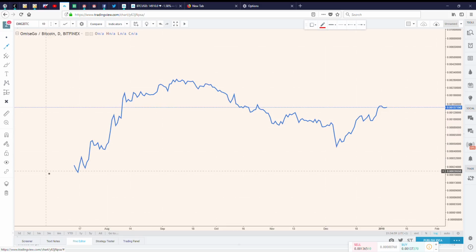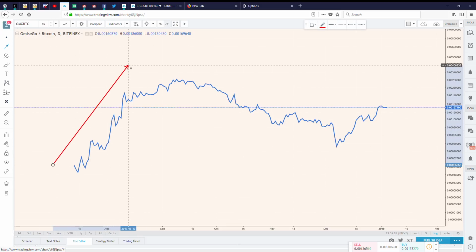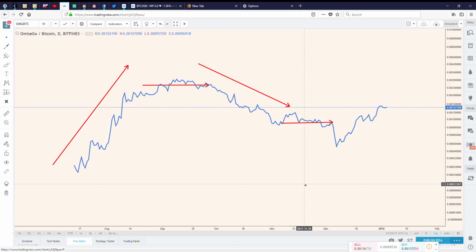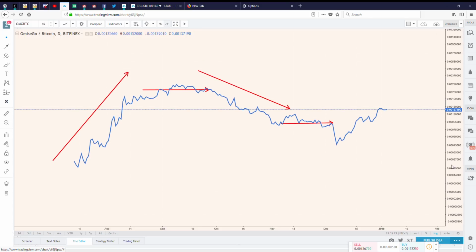Okay, so let's get straight into this. We've got 3 types of markets. We've got a bullish market, or a market that's in an uptrend. We've got a bearish market, which is a market that's in a downtrend. And then we've got a ranging market, which is the sideways moving market. Now, you need to know in which phase of a market you're in, so that you can make relatively safe trades.